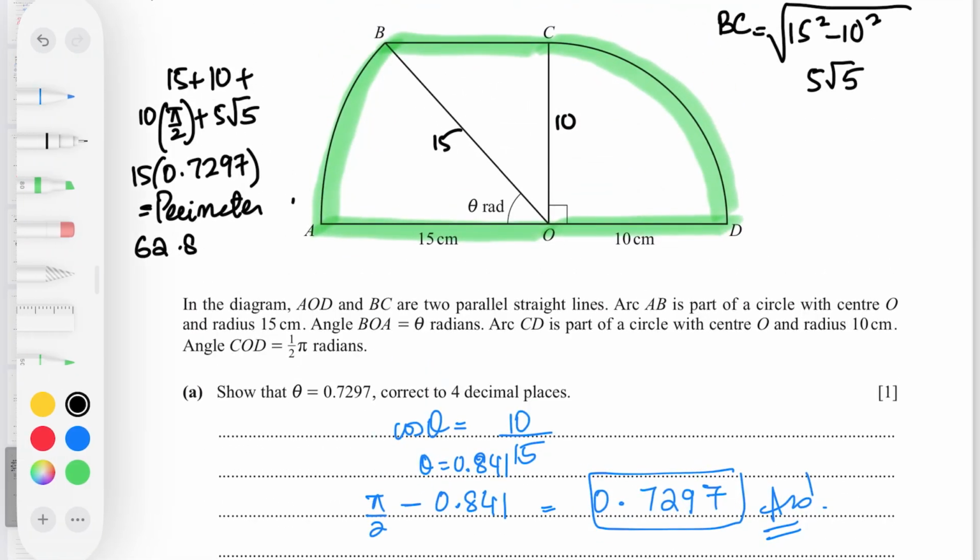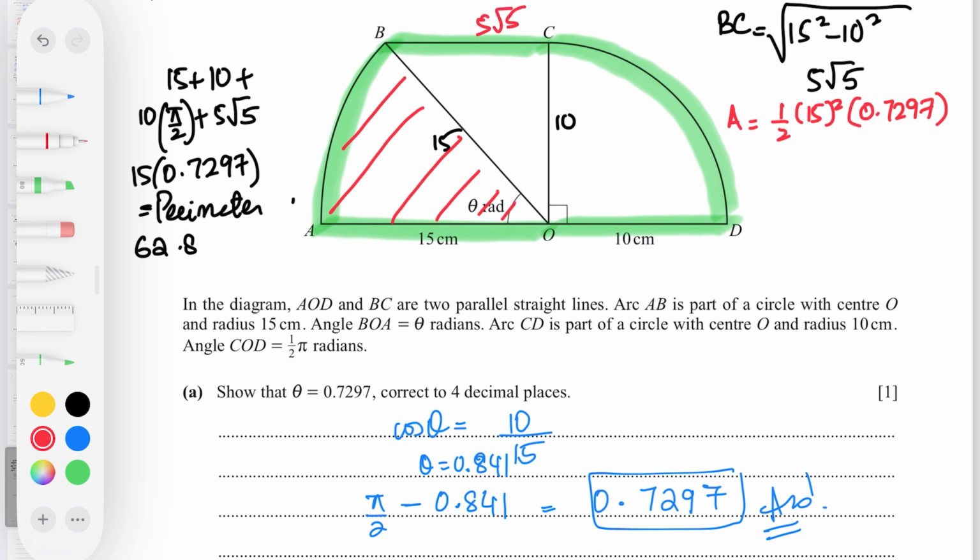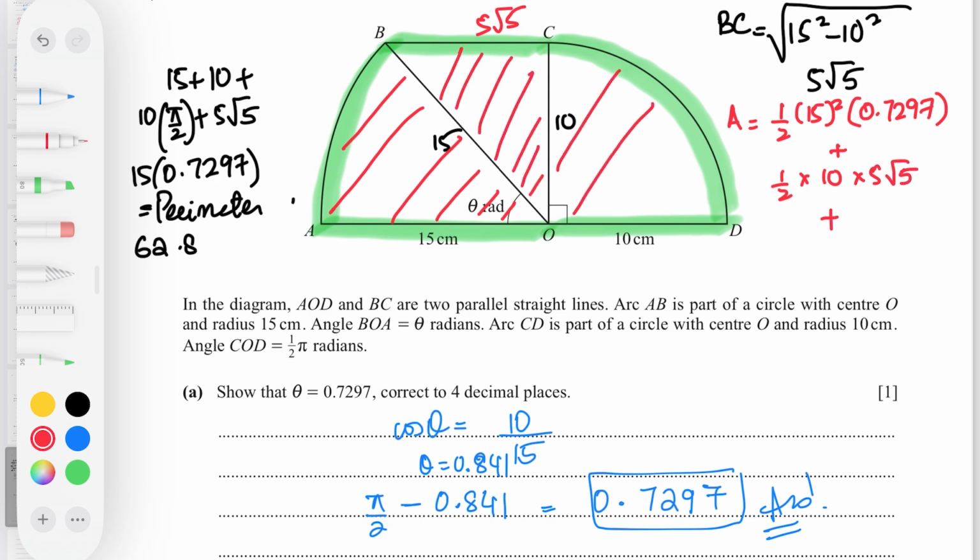The next part of the question says find the area. So area is going to be half r squared theta for this portion, plus half into base into height with base 5 under root 5, plus this is a quadrant.